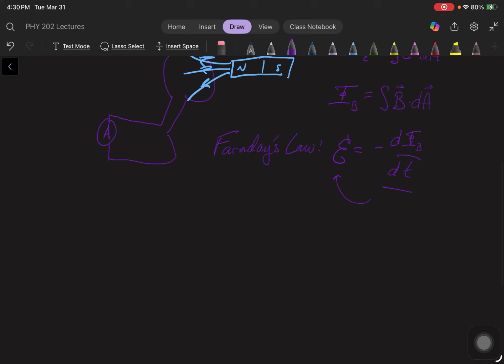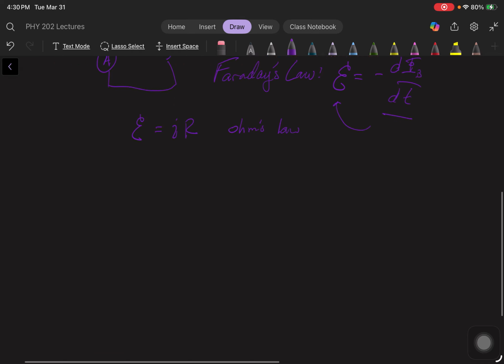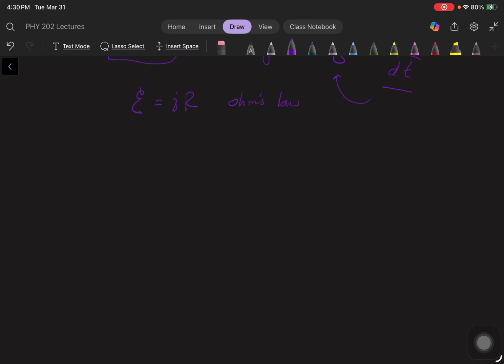And then we can have Ohm's law, and we can get a current. This is the first of Faraday's experiments, where he actually had a magnet. The second one is a lot more complicated to draw, but not terribly more difficult to understand.